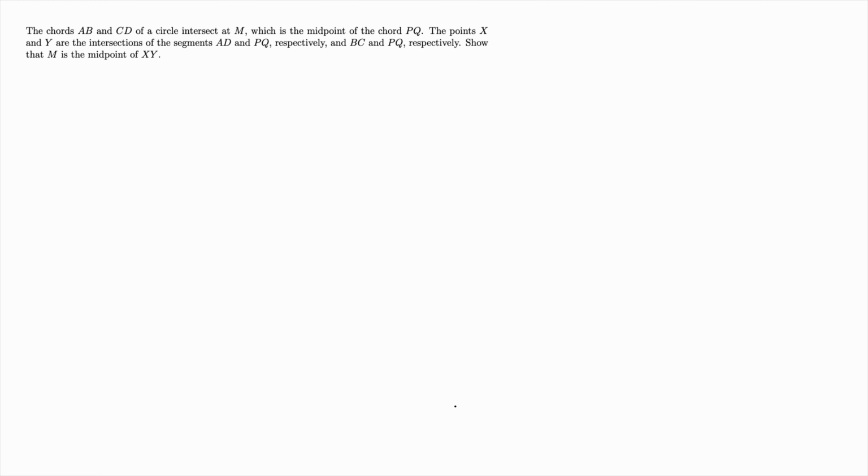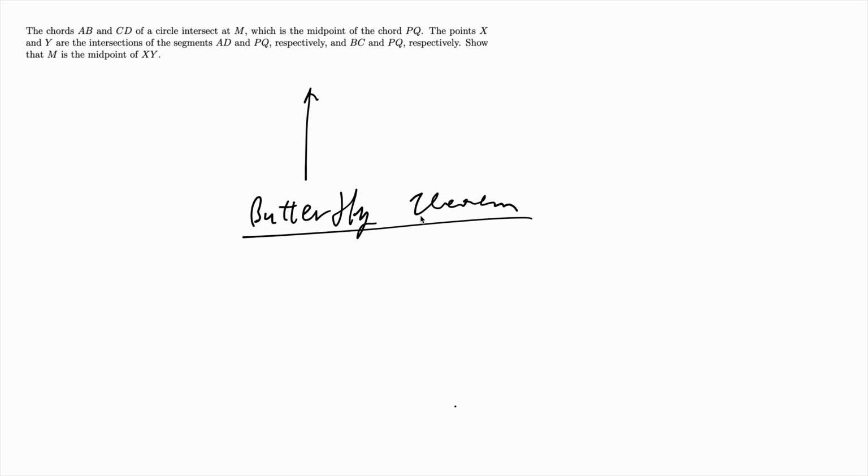I'm Inokyu and today I brought a very interesting problem from Finland. The reason why this problem is really interesting is because this is actually the exact same thing as a very renowned theorem in geometry called the butterfly theorem, and this problem just told us to prove this theorem.